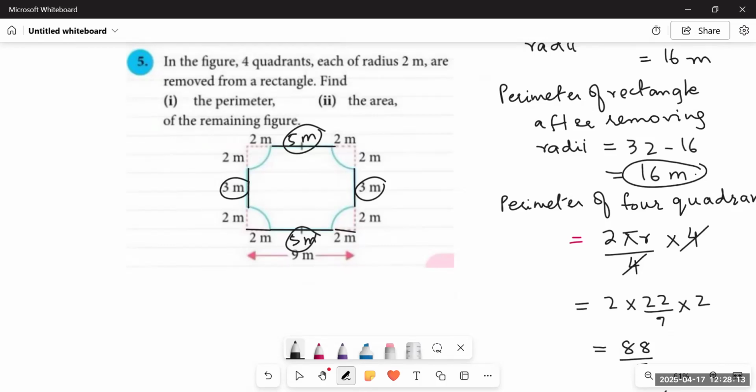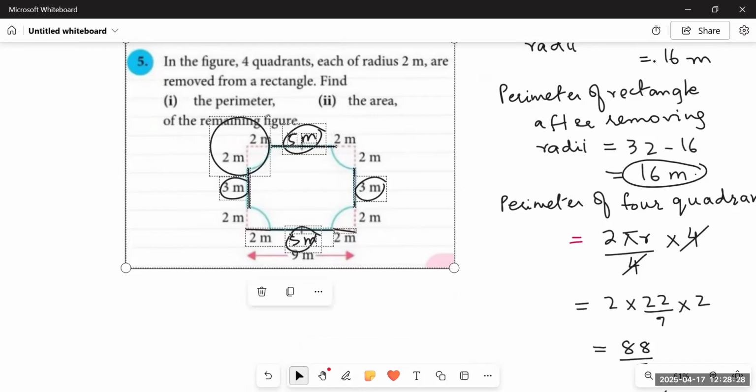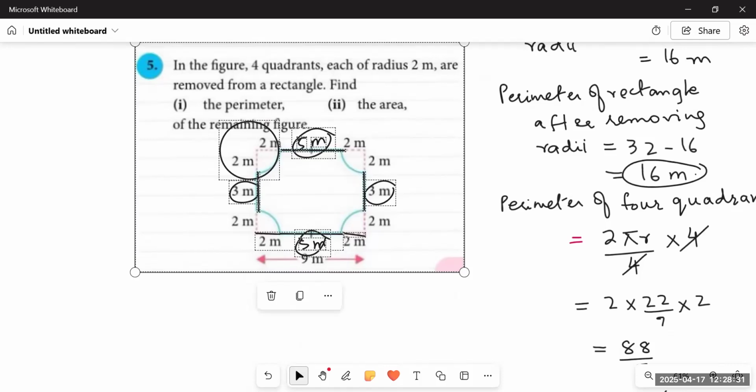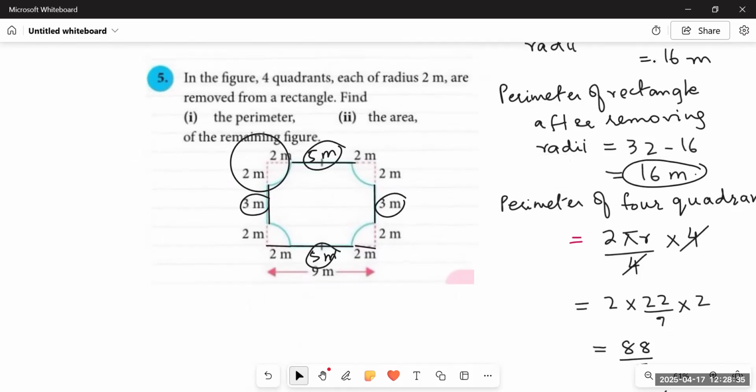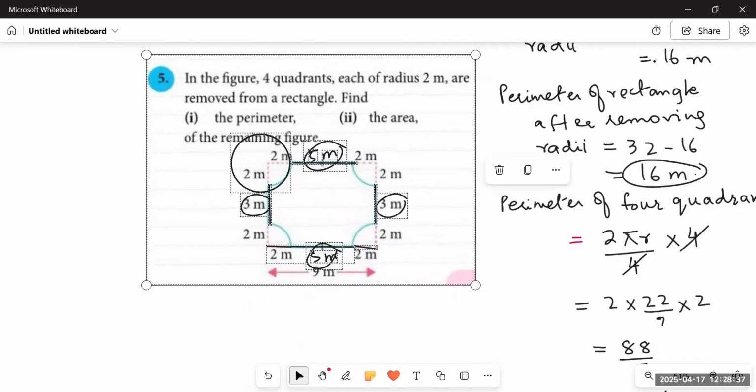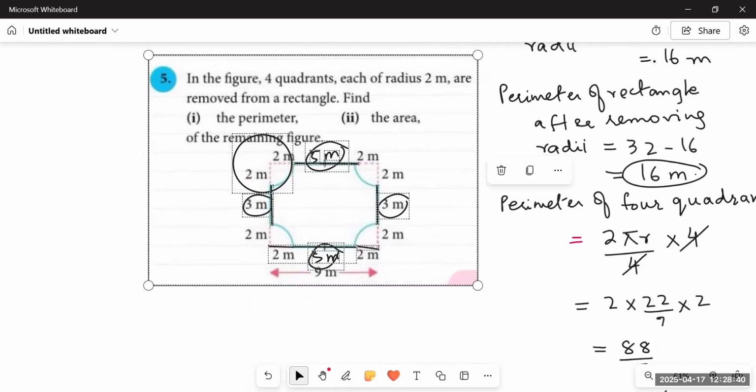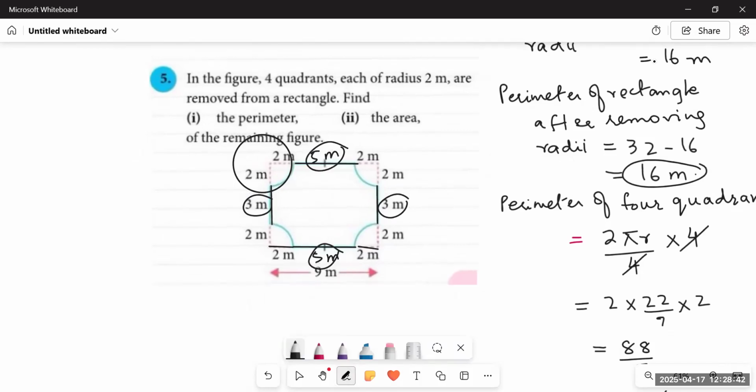Okay, now we have to find the perimeter of every circumference. And since the circumferences are not given as a whole, the circumference of a whole circle is 2 pi r.